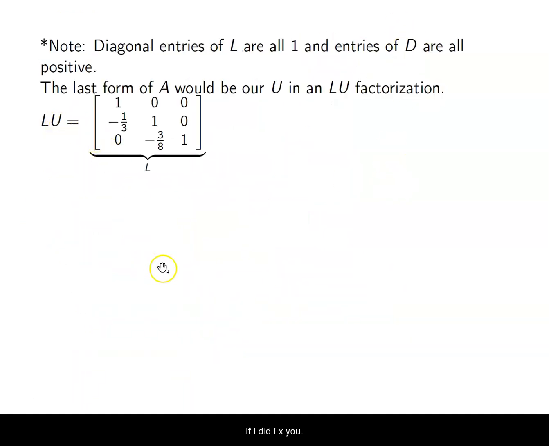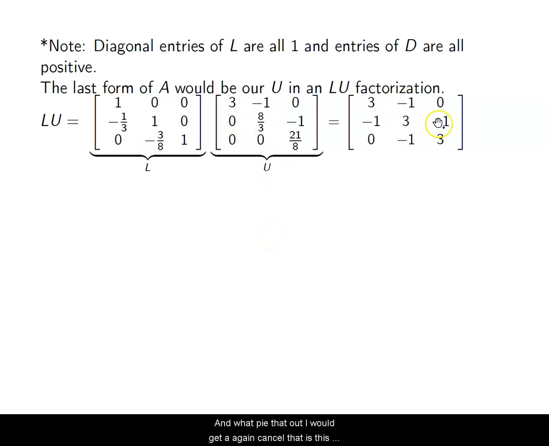If I did L times U and multiplied that out, I would get A again. This is the factorization that we skipped over earlier in the semester. You can go back and look through your textbook. It's towards the beginning of the textbook, around the determinant section.